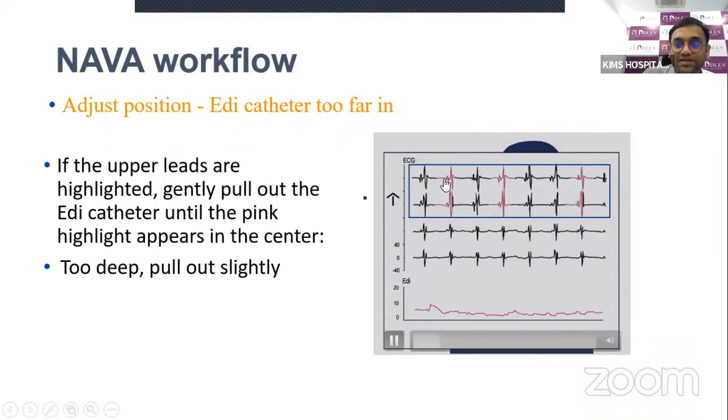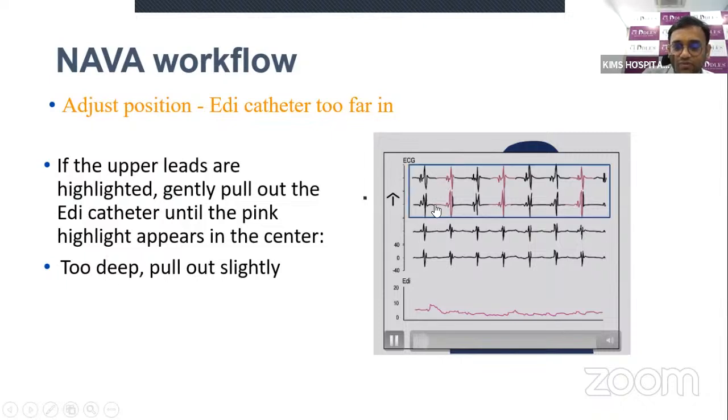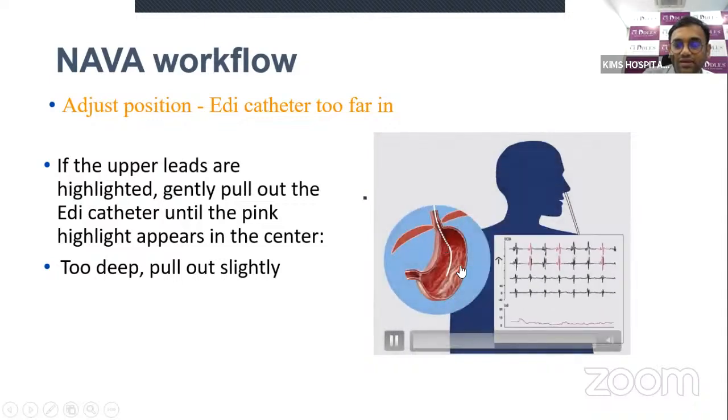If the first and second leads are pink, it means that your EDI catheter is inserted deep and we need to pull it back. Here the topmost electrodes have picked up the ECG, so the top 2 leads have the pink color. It means that you have inserted too deep, and we need to slowly pull the EDI catheter until the second and third waves are pink, like this.